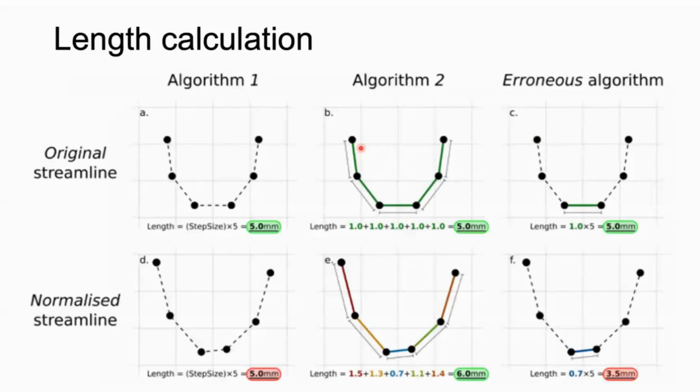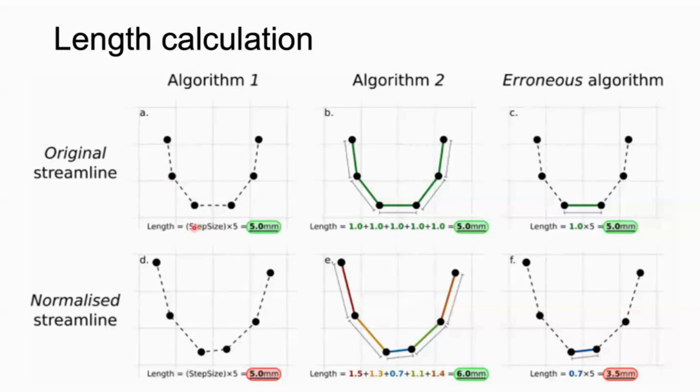What they describe is that when people typically talk about a length calculation, there is a step size. It's a very standard parameter in streamline integration, which is how far you want to shoot before you connect the next vector.